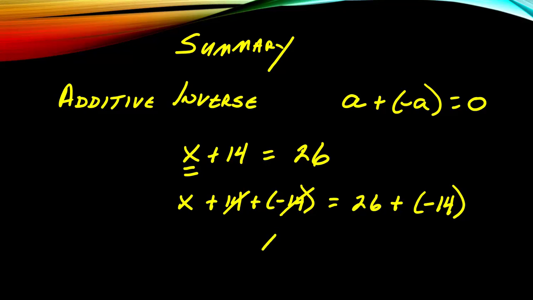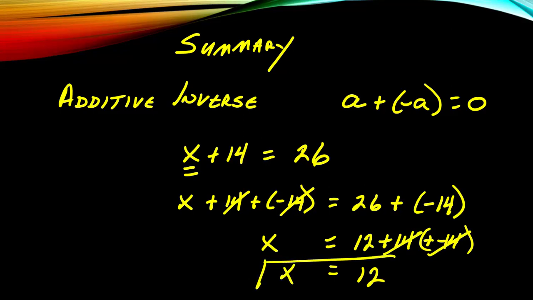Those cancel out, and now we have x all by itself on one side of the equal sign, and then 26 subtract 14 is the same thing as 12 plus 14 plus a negative 14 just equals 12, because these would cancel out. Have x equals 12. That about wraps it up for the additive inverse and these one-step subtraction addition equations.